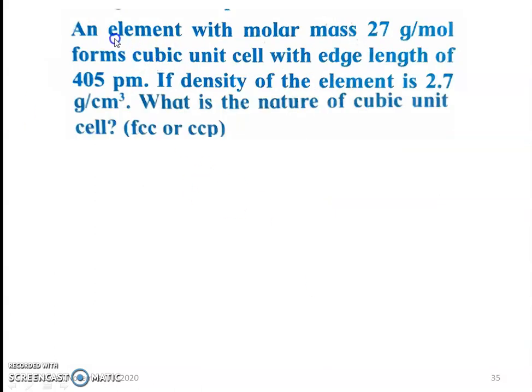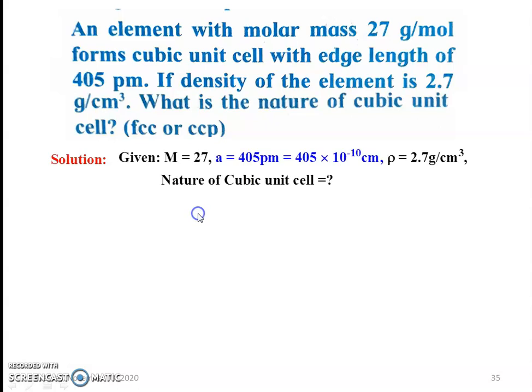And the last problem: an element with molar mass 27 gram per mole forms a cubic unit cell with edge length of 405 picometer. If the density of the element is 2.7 gram per cubic centimeter, what is the nature of the cubic unit cell, whether it is face centered, body centered, or simple cubic?